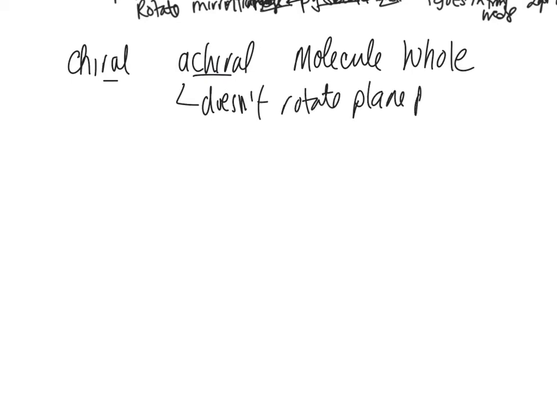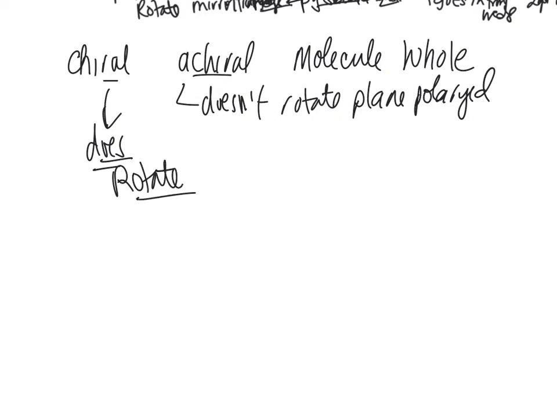Usually, when you use the word chiral and achiral, it's describing the molecule as a whole, the entire molecule. And achiral means it doesn't rotate plane polarized light. Okay, this does rotate. And so experimentally, that's how you determine whether a compound is chiral or achiral.